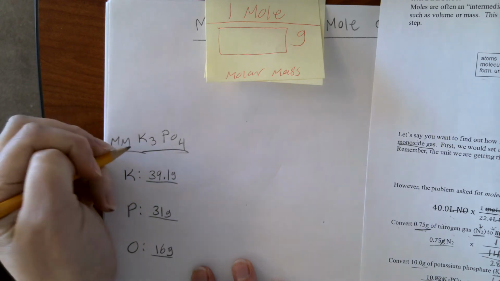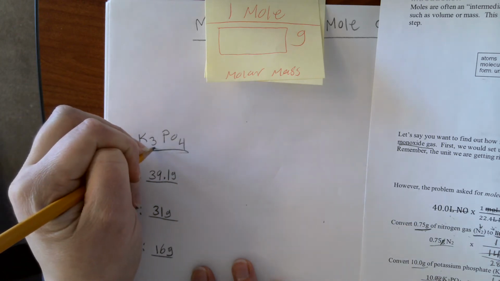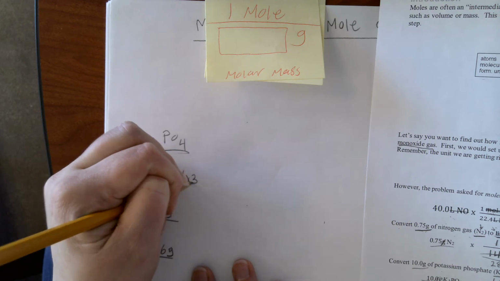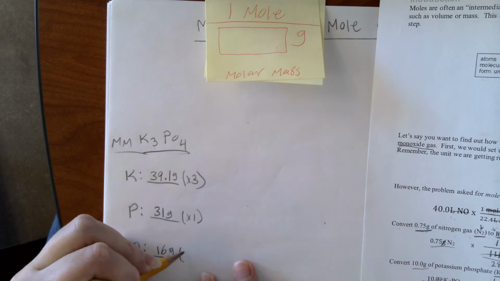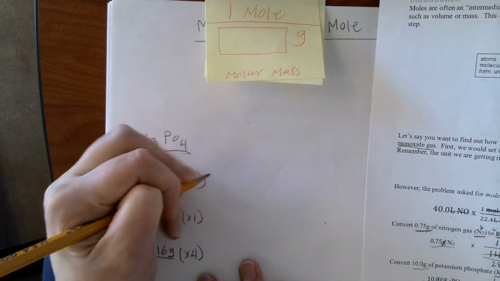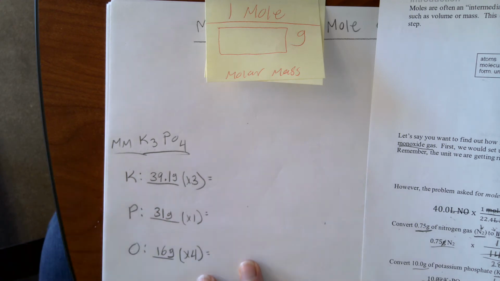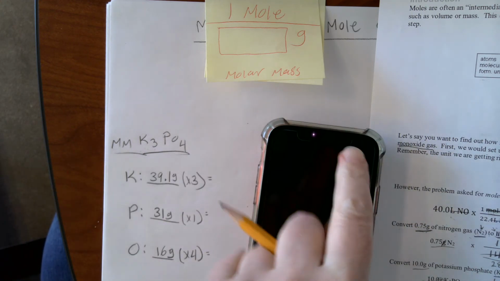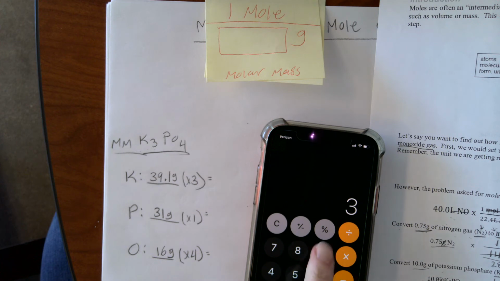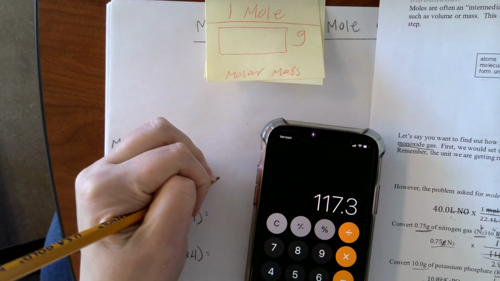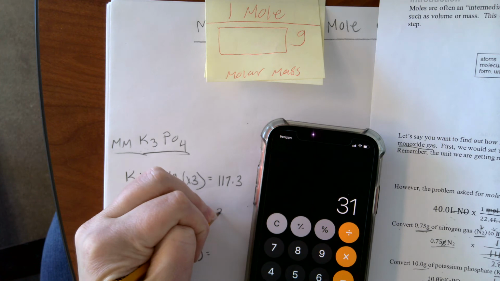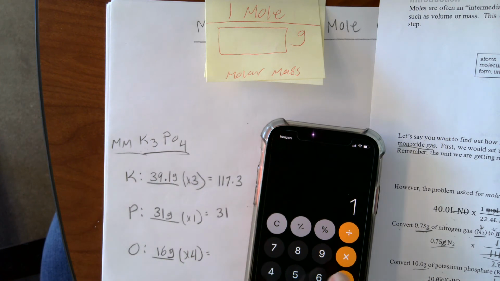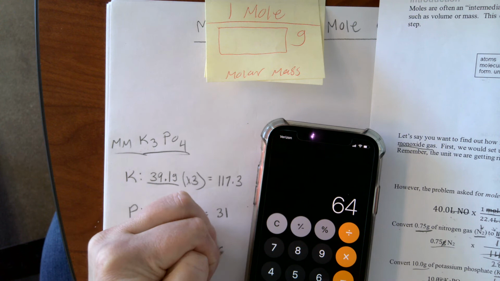Okay. And just figure out how many of each there are. There's 3 potassiums, there's only 1 phosphorus, and there are 4 oxygens. So times those by their amounts. 39.1 times 3 is 117.3. 31 times 1 is, of course, 31. And 16 times 4 is 64.